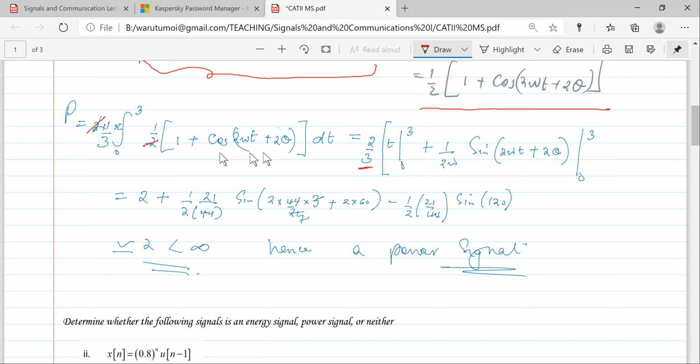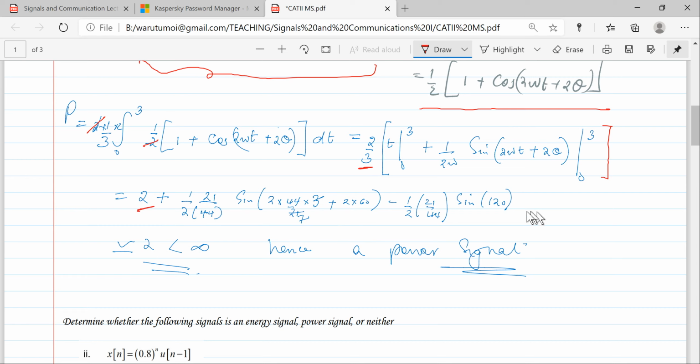When you integrate 1 with respect to t, it simply becomes t, with the limits of integration. When you integrate the cosine term, it gives you a sine with 1 over 2 omega, and the function remains right there. When you do that, you find that 2 over 3 times 3 becomes 2, and then the remaining term is a very small figure, less than 2.